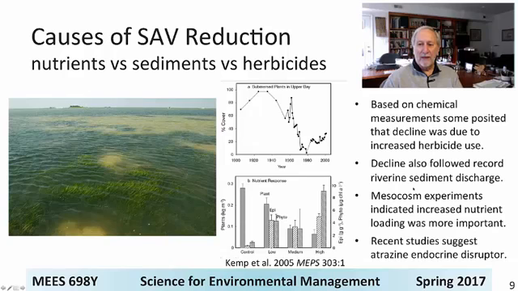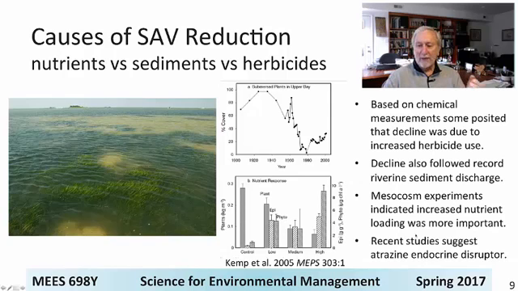So this helped set some of the requirements for what water quality was needed to bring these grasses back. That served as the basis of determining the TMDL, the water quality standards in the TMDL.